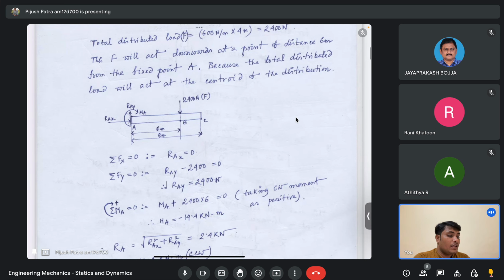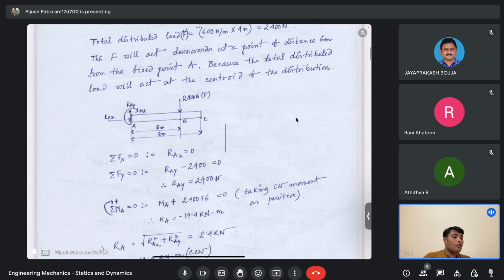That means RAY, which is positive, plus minus of 2400 Newton is equal to 0. That means RAY is equal to 2400 Newton. So the reaction force at the point A, or at the built-in end of the cantilever beam, is 0 along the x-axis and 2400 Newton along the y-axis, or along the vertical direction.